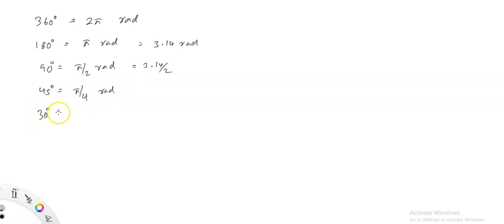Lastly, 30 degrees. If 180 is pi, 30 is 180 divided by 6. So therefore, pi divided by 6 radians. So these are some of the widely used angles that we convert into radians.